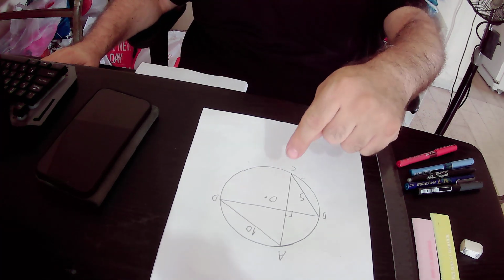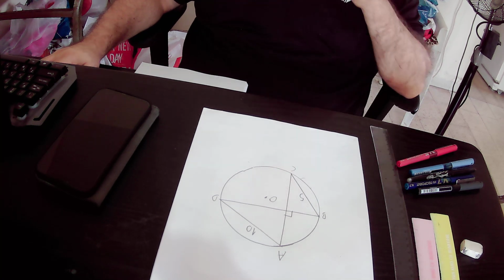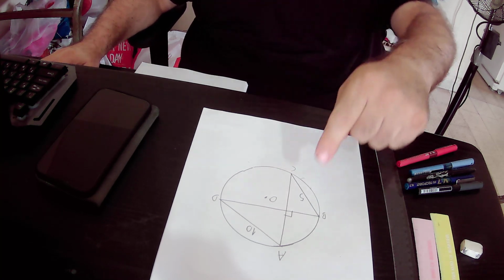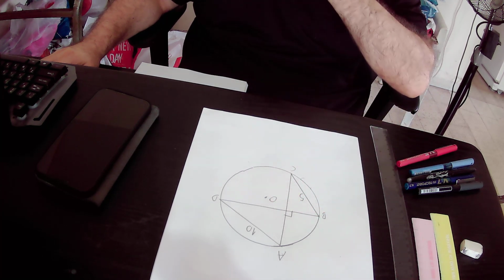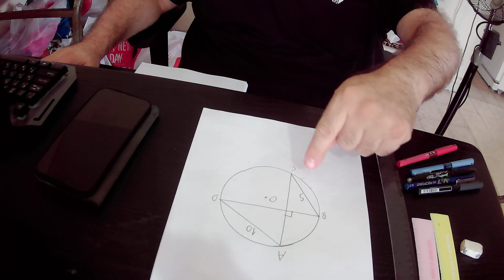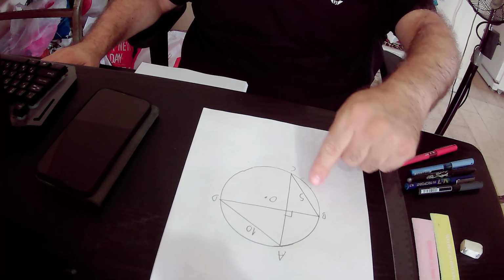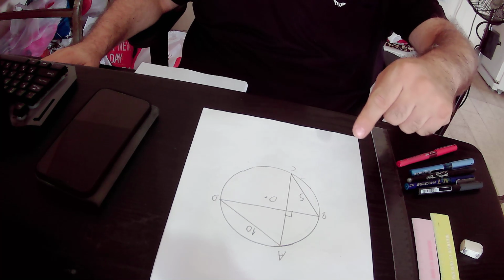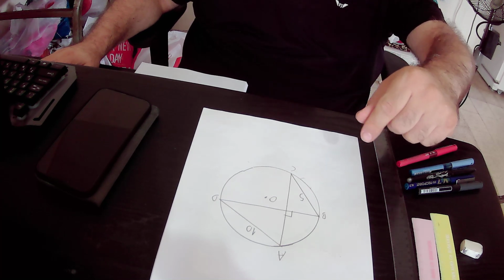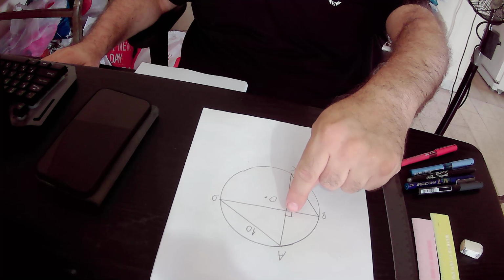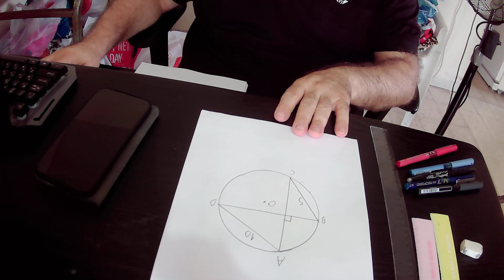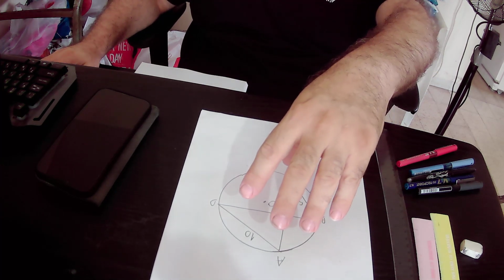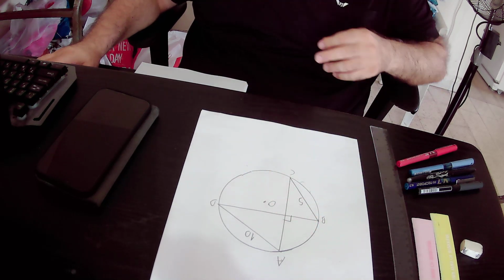The center of this circle is at point O. Chord AD equals 10 units and chord BC in the circle equals 5 units, and this angle is a right angle. It equals 90 degrees, and we want to find out the radius of this circle.